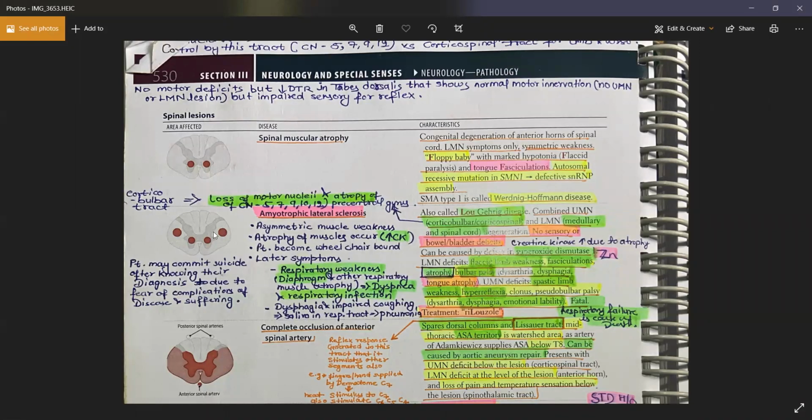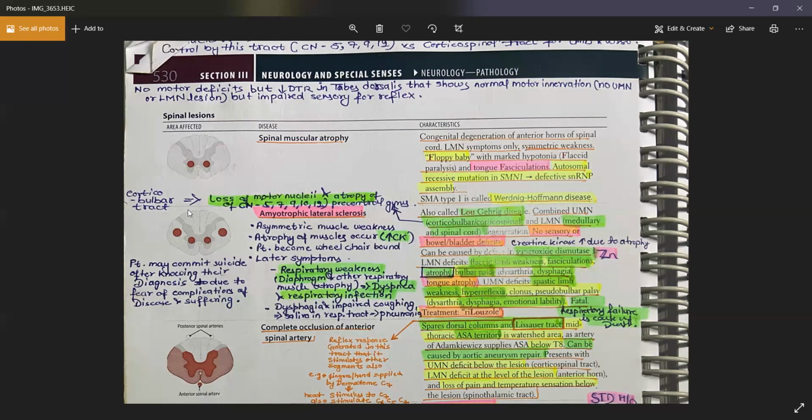For the upper motor neurons, you have the degeneration of the descending corticospinal tract, right? And for the lower motor neurons, you have the degeneration of the anterior horn, right? So both the lower motor neuron signs as well as the upper motor neuron signs are present.